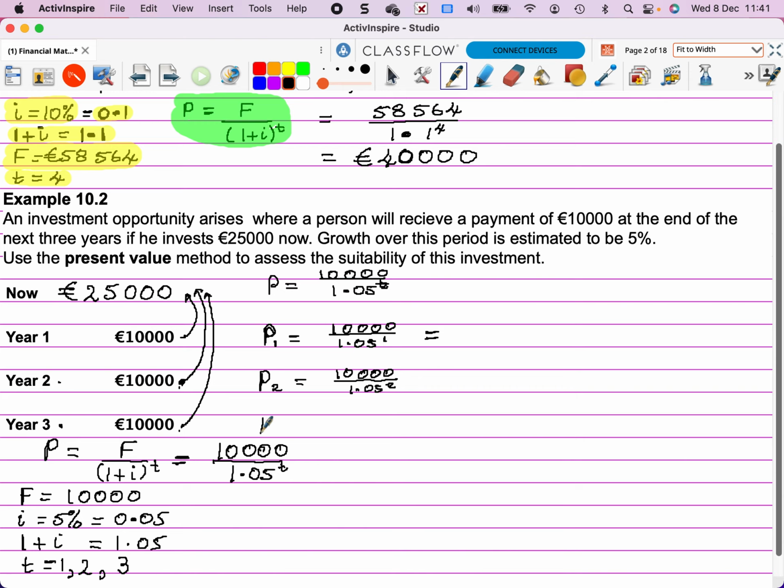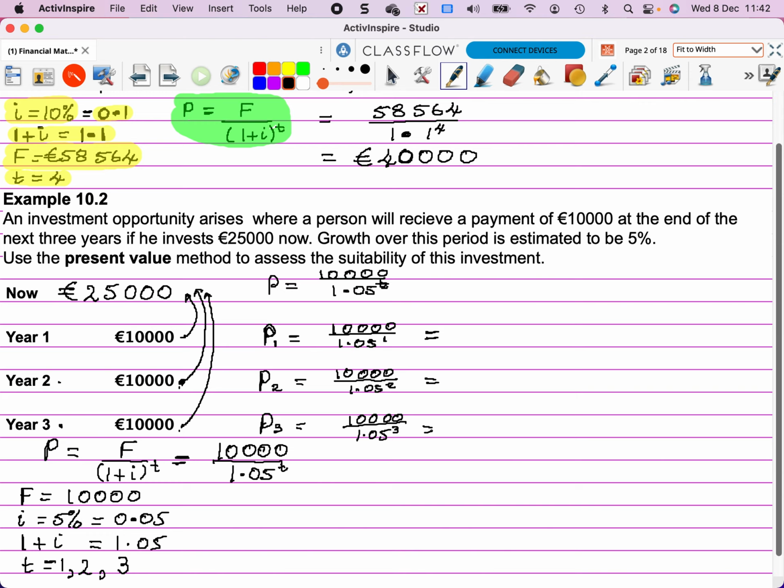And then the third payment, payment number 3, use the formula. The only thing that changes in this formula is still 10,000, it's still 1.05, but the value of T is now equal to 3. And what I've got to do is work out the total of these and compare it to 25,000.